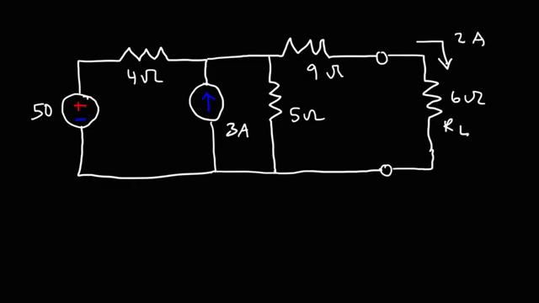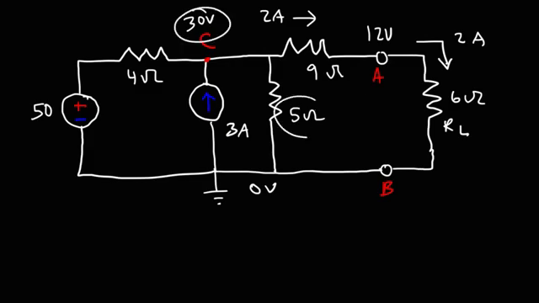So if this is the ground potential at 0 volts, 2 times 6 will give us a potential at point A, which will be 12 volts. And we said this is point C. Now we still have 2 amps of current flowing through the 9 ohm resistor. So 9 times 2 is 18. Add an 18 to 12 gives us a potential of 30 volts at point C.